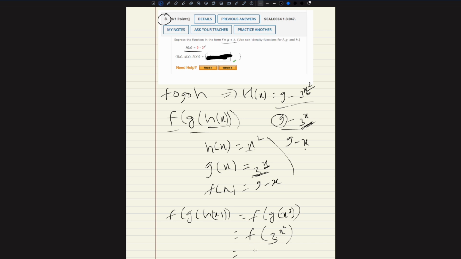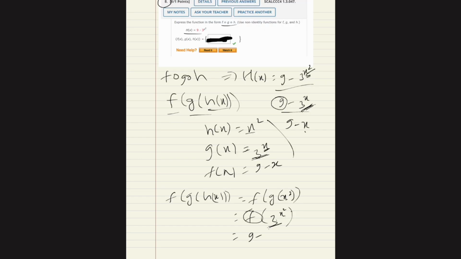So we have 9 minus x as the function of x. So it will be 9 minus, and we need to replace it by everything in here. So it will be 9 minus 3 to the power x squared, which is identical to the question given to us. That's why f of x is 9 minus x, g of x is 3 to the power x, and h of x is x to the power 2. So this is our answer.